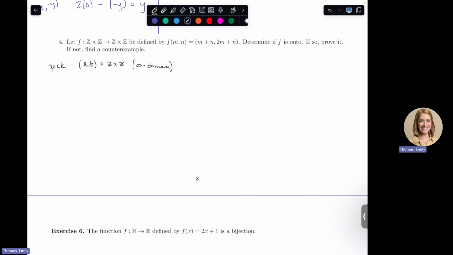So you guys would agree with me that in this setup, m plus n is A and 2m plus n is B. Okay. I want to use those to get m and n, because (m, n) is going to be the place where I started. I want to solve those for m and n in terms of A and B.